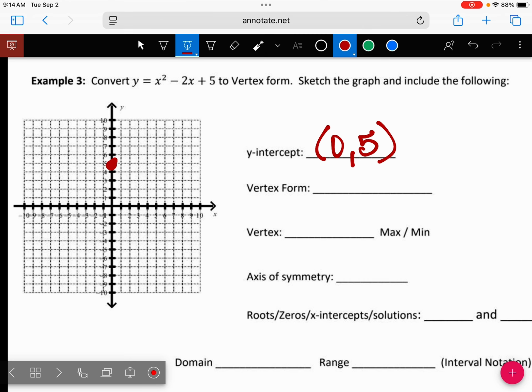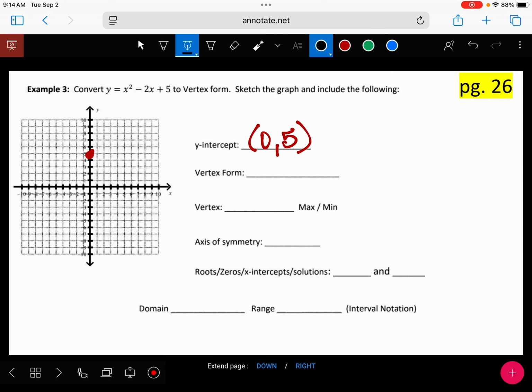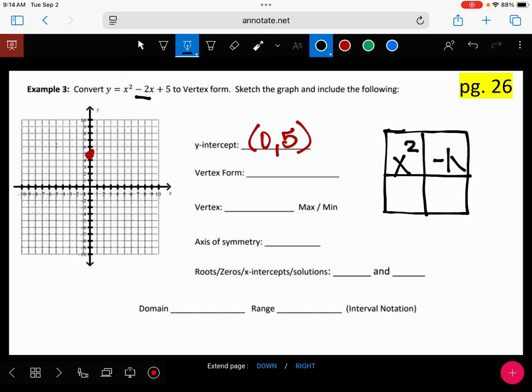All right, now to do vertex form, we need to complete the square. X squared will go here. I'm going to take this -2x, split it in half. The c goes on the back.